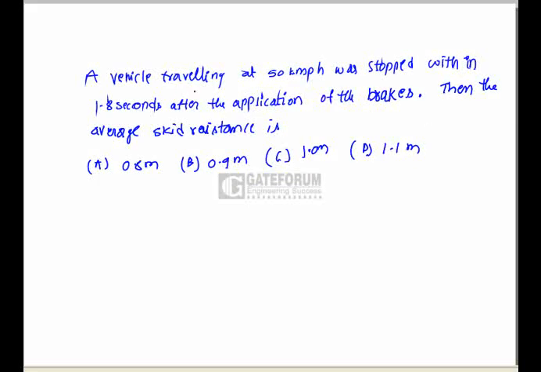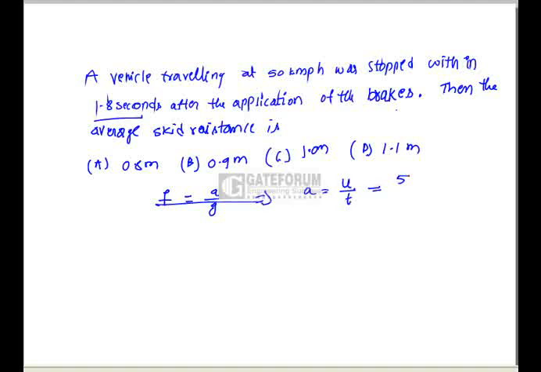Next question: a vehicle traveling at 50 kmph was stopped within 1.8 seconds after application of brakes. Then we have to find out the average skid resistance F. We know average skid resistance is equal to acceleration by acceleration due to gravity. Acceleration we know is velocity per time.